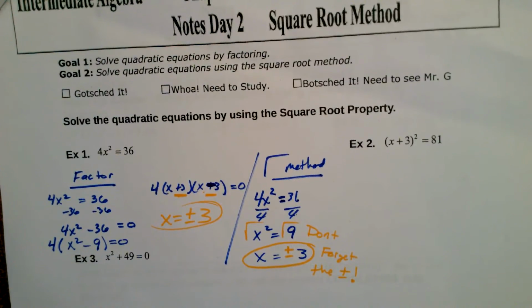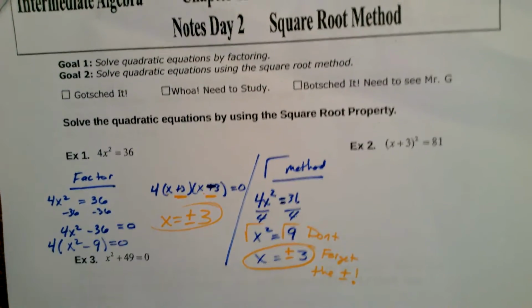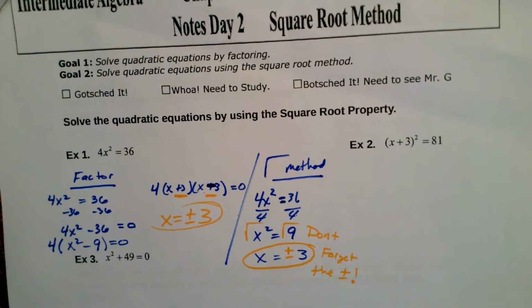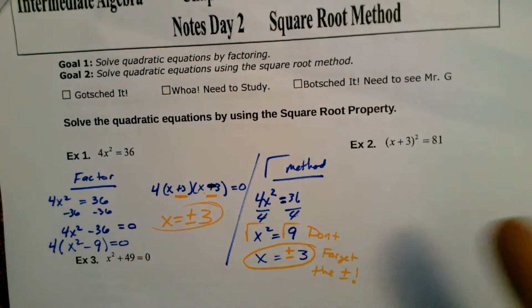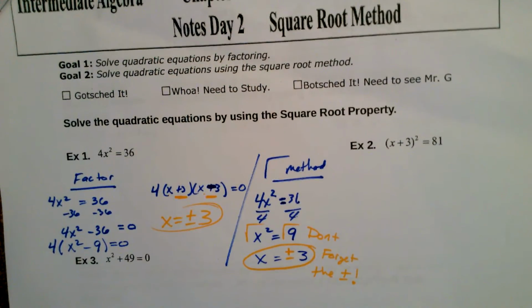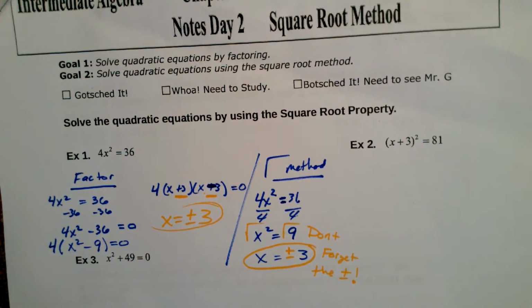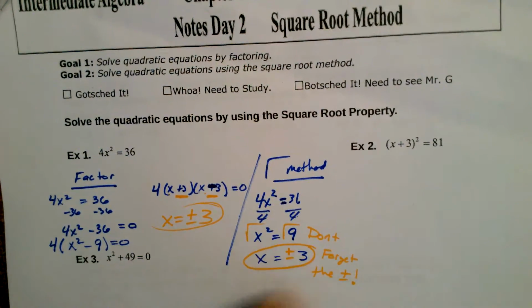Anytime you square root both sides, include the plus or minus in your final answer. This is the square root method, and it only took about 2 steps. It takes less time, and it's a nice thing we can use.